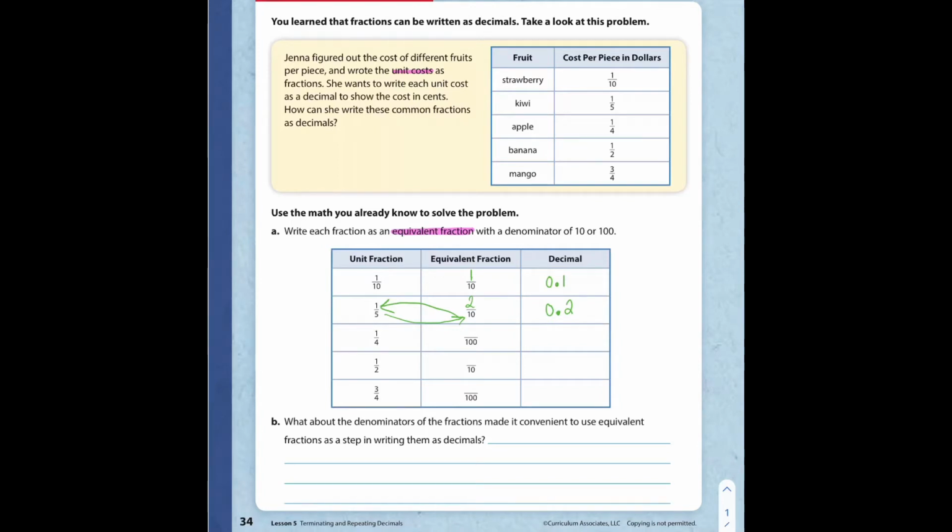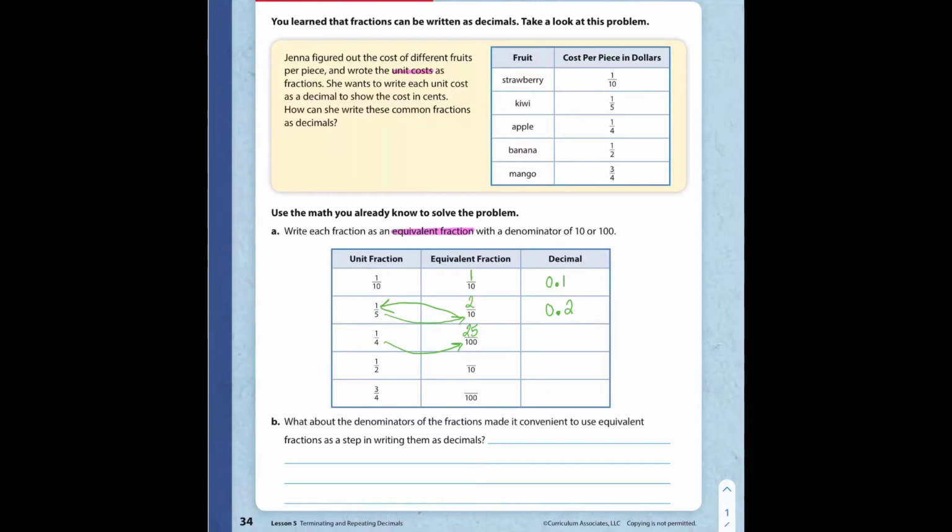1/4 is going to be a fraction that's more easily written with the denominator of 100. So 1/4 as a fraction with the denominator of 100 is 25 over 100. And we want to use 100 as our denominator because 4 will go into 100 evenly. 4 doesn't go into 10 evenly.